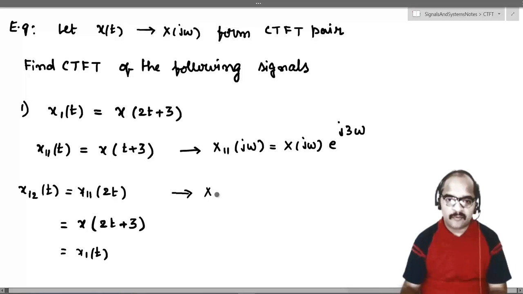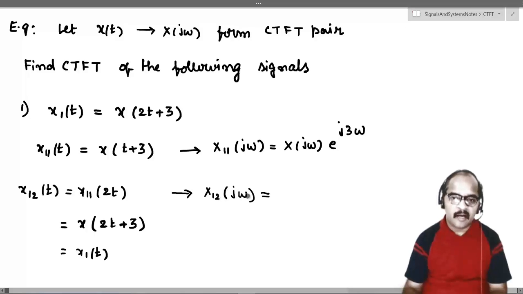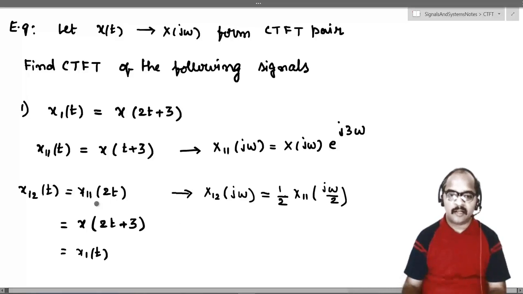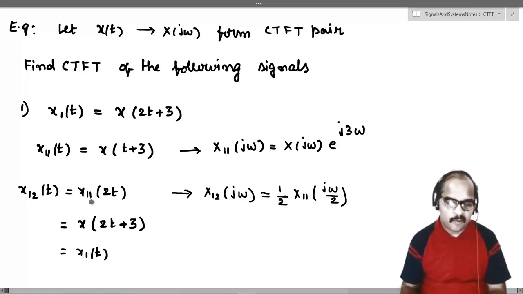So what will be the Fourier transform? That would be, sorry, x12 of t will have X12 of j omega, which is equal to how much? x11 of 2t will have 1 by 2 times X11 of j omega by 2 as the Fourier transform. Why? Time scaling property, right? So x11 of at will have 1 by mod a times X11 of j omega by a, but a is 2 for us.